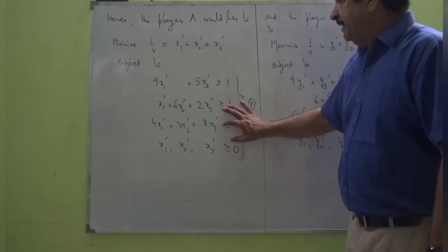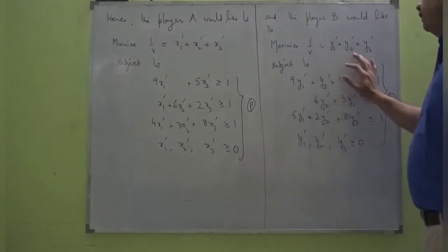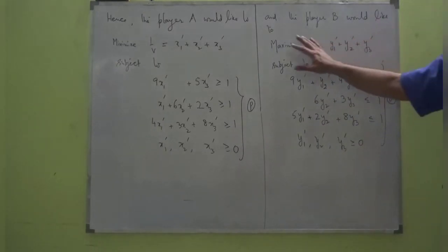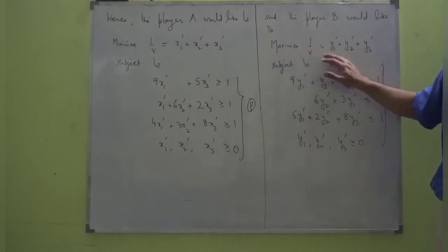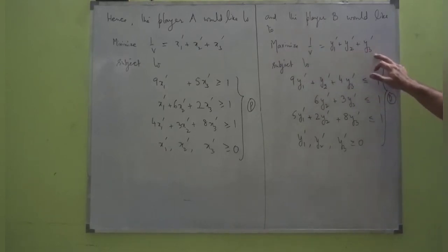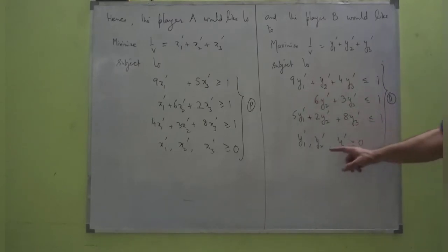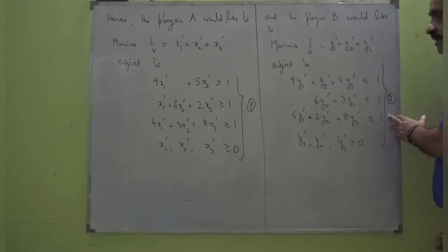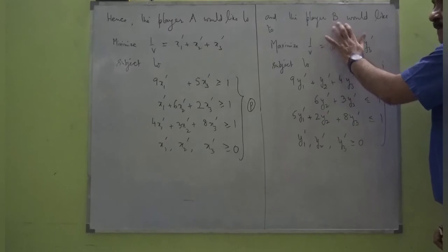This problem P is the linear programming formulation for player A. Player B would like to minimize V, that is, maximize 1 by V, which is y1 dash plus y2 dash plus y3 dash, subject to these constraints, with y1 dash, y2 dash, y3 dash greater than or equal to 0, and this problem D is the linear programming formulation for player B.